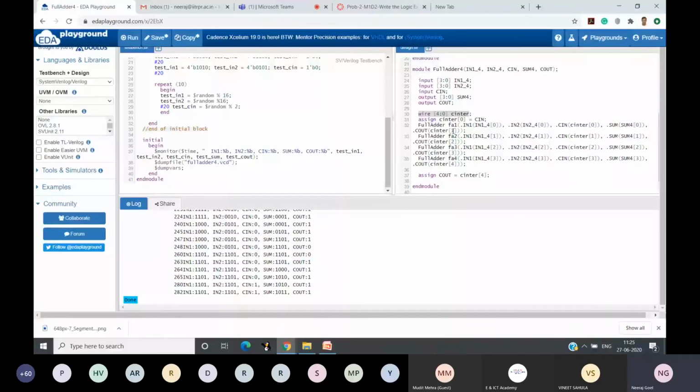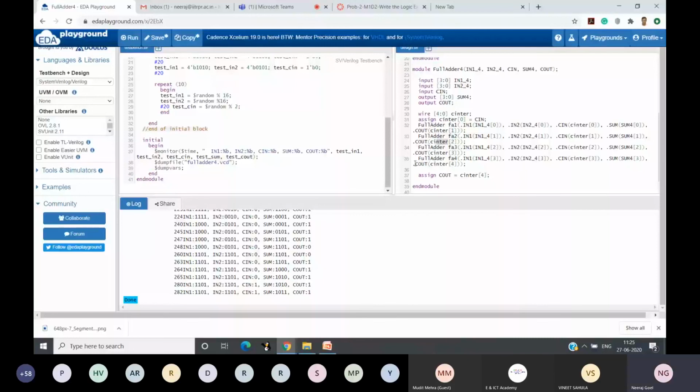You also need to understand that in the second instance of the full adder, I am connecting this output, which has been generated by FA1, to the input of FA2. Okay. Similarly, the output is C inter 2. This C inter 2 is the input to FA3.